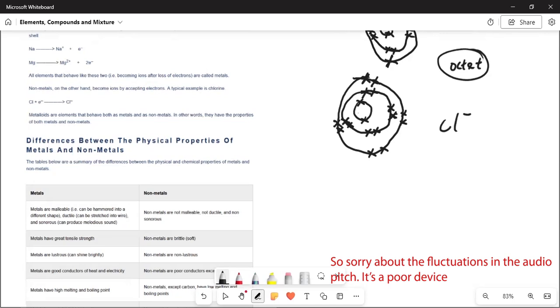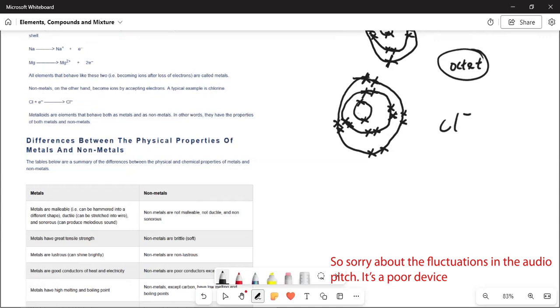And metalloids are a group that share both the properties of metals and non-metals. Now, in other words, they can either lose or gain electrons depending on the condition of the reaction. And we have, I think, 3 of such elements: silicon, germanium, and then what is that third one again?